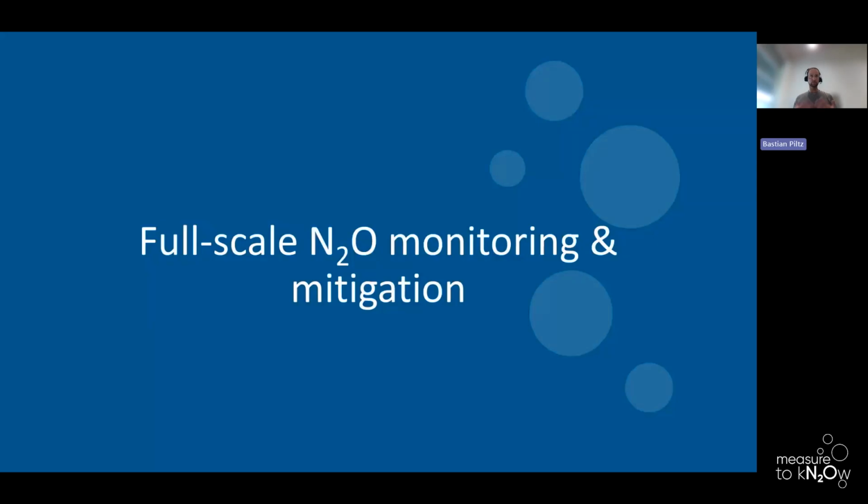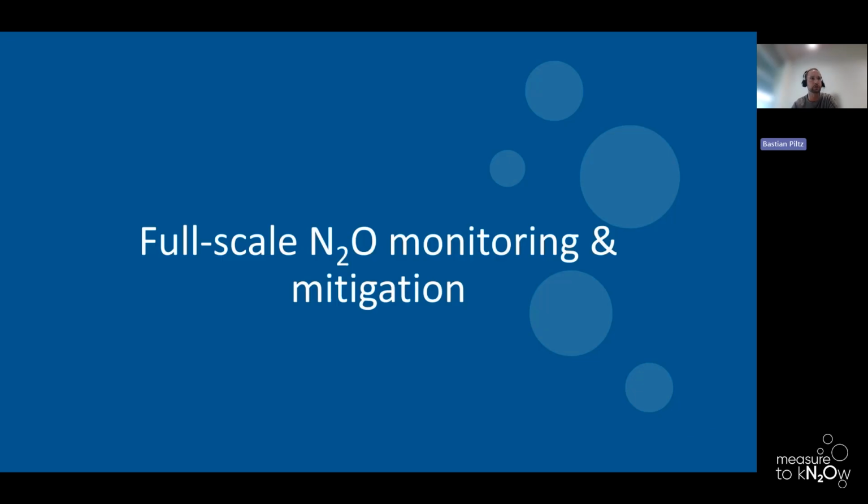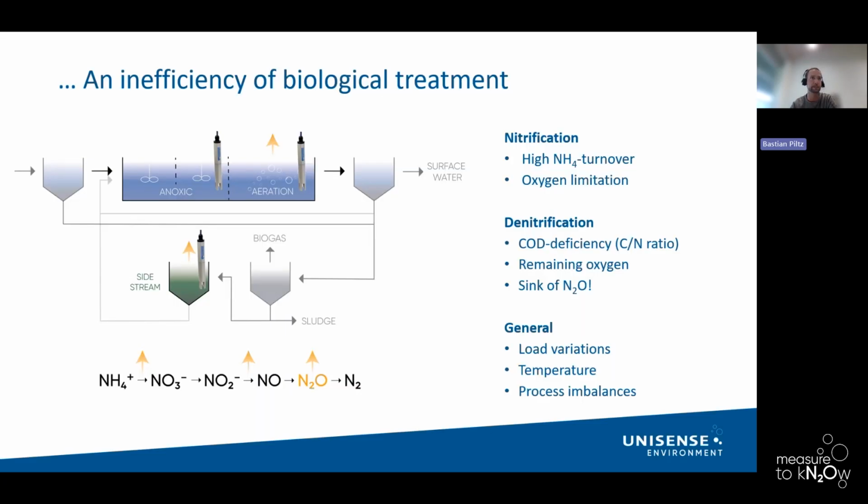So yeah, to round off the webinar, I would like to bring some European examples of full-scale mitigation and monitoring of nitrous oxide. First of all, just to run through the basics once more. We've heard quite a lot of this already, but just to highlight again that nitrous oxide, if you put it boldly, can be seen as an inefficiency of the biological treatment.